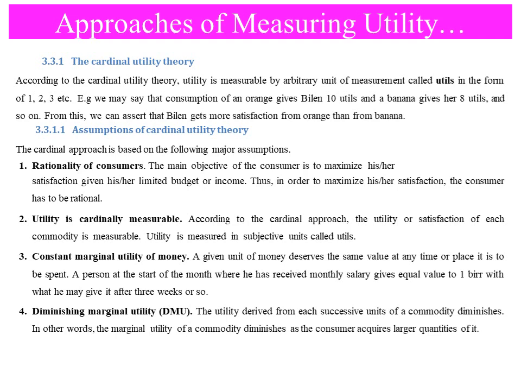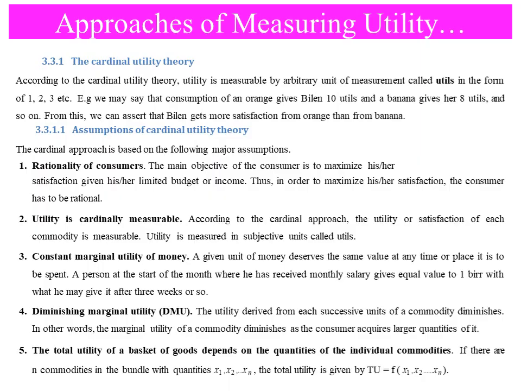We can see the detail. The fifth, the total utility of a basket of goods depends on the quantity of the individual commodity. If there are n commodities in the bundle with quantities x1, x2 to xn, the total utility is given by f of x1, f of x2, x3, and so on. This is the total utility function.